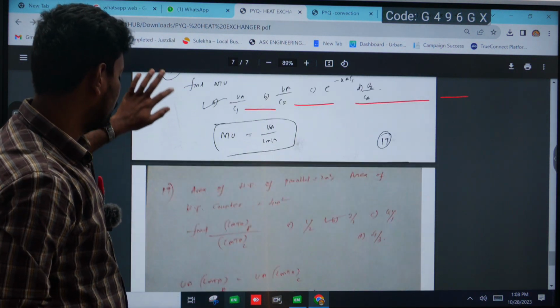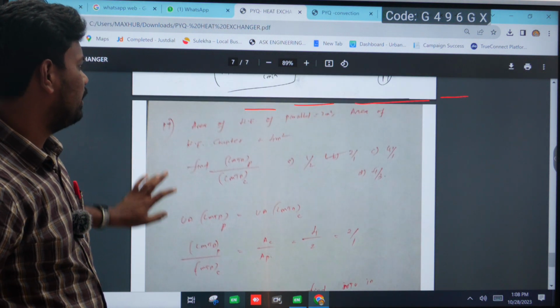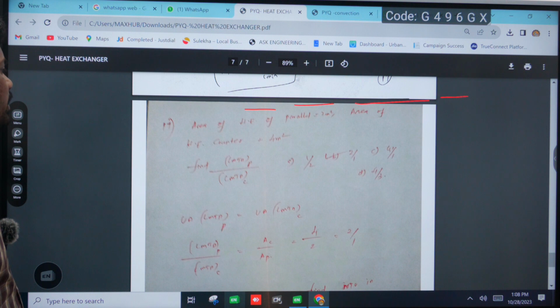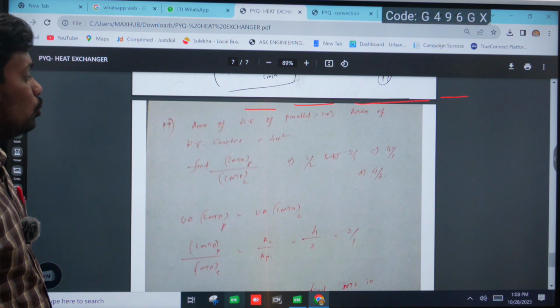Okay. Next. The area of the parallel flow heat exchanger is 2 meters squared. The area of the counterflow heat exchanger is 4 meters squared. Then you have to find the LMTD ratio for parallel flow to counterflow.